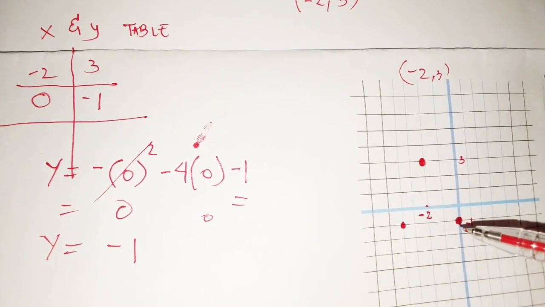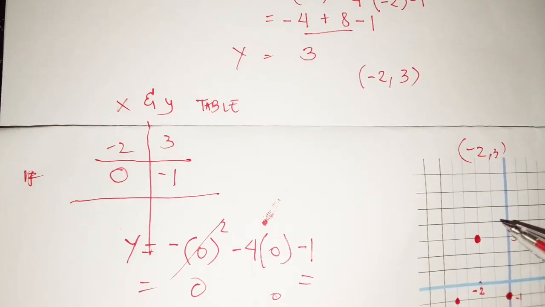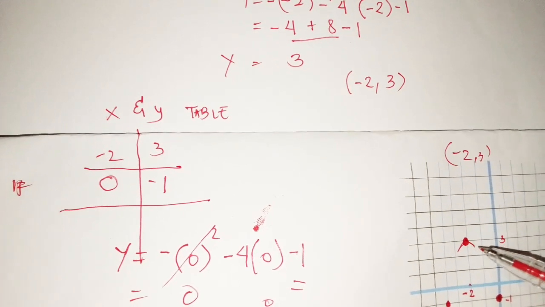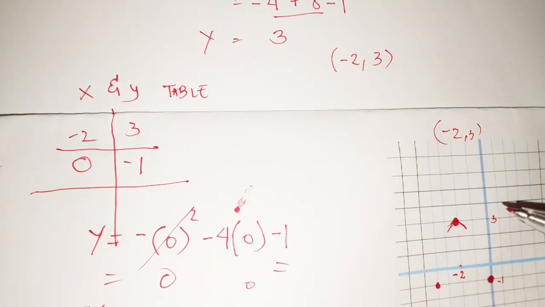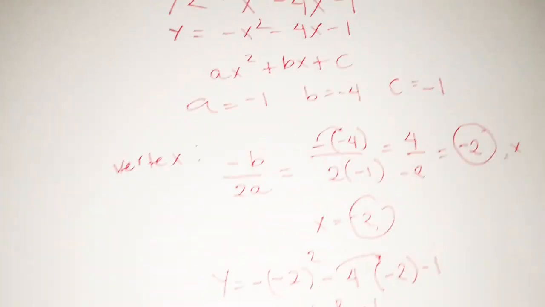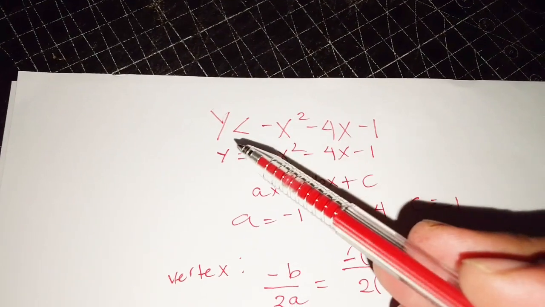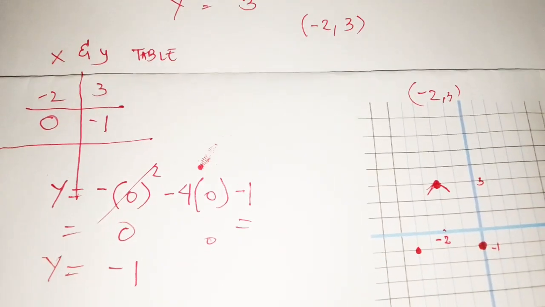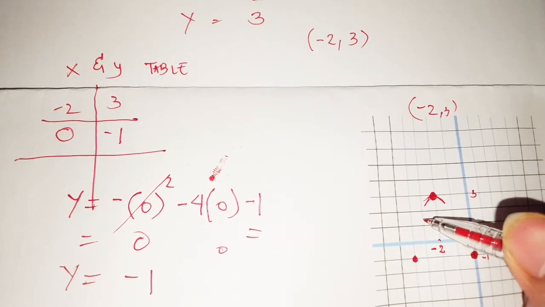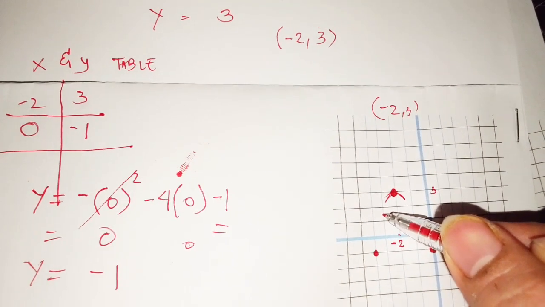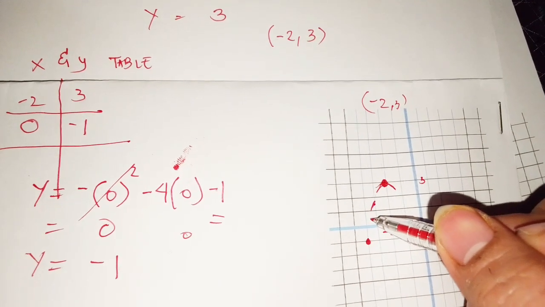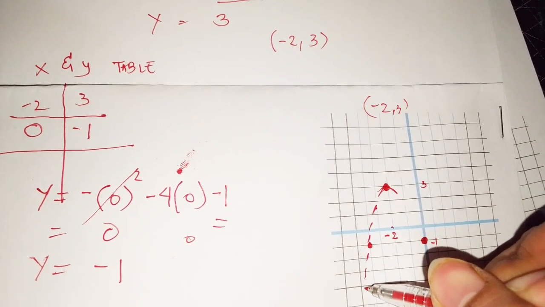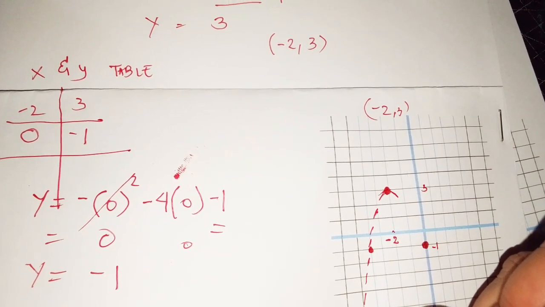Now you can predict the opening of the parabola. We can connect already, but go back to the inequality symbol. What inequality symbol is used? This is less than. If it is less than or greater than, we use the hidden line, the grid lines, or the broken line.